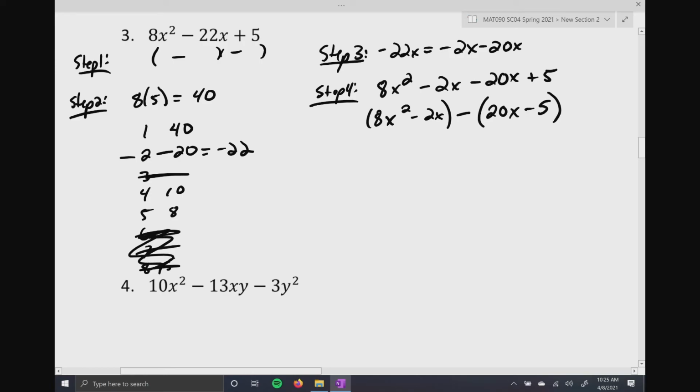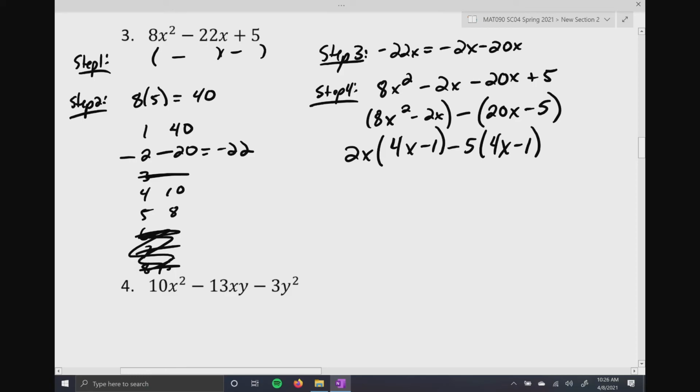It was positive 5. Now I'm going to make it negative 5. Now we're going to do the mini GCF. In the first set of parentheses, I think it's going to be a 2x. So I get 4x minus 1. In the second set of parentheses, I can factor out a 5. And that's going to be 4x minus 1.